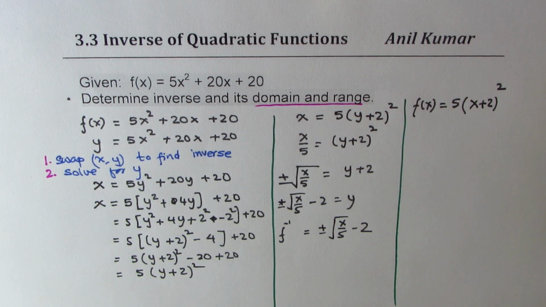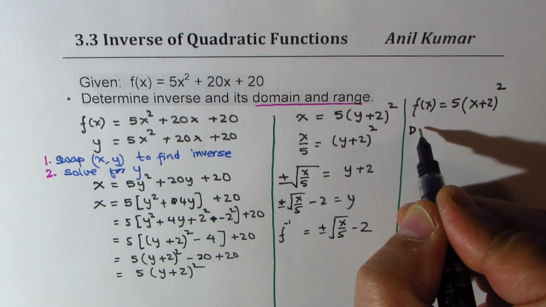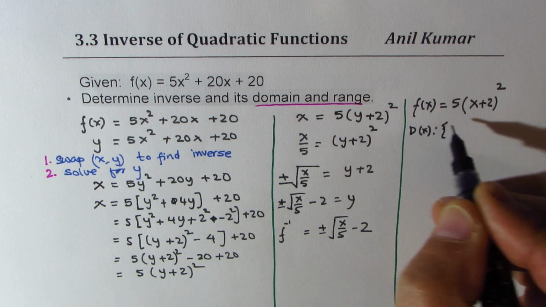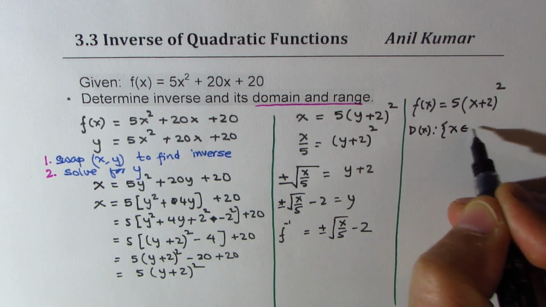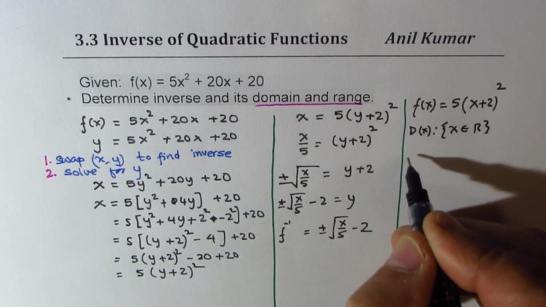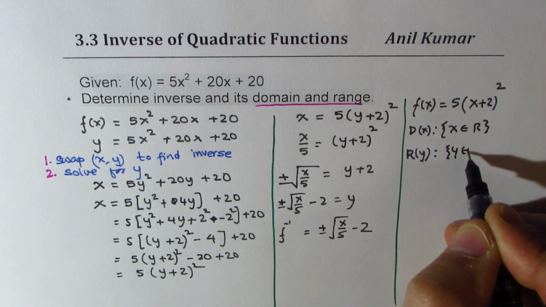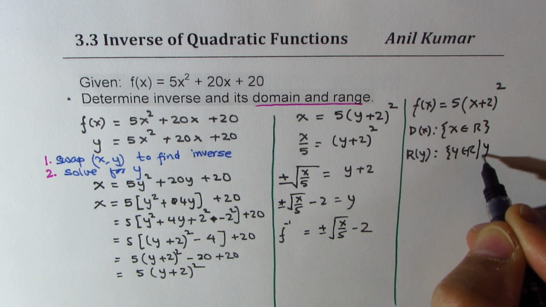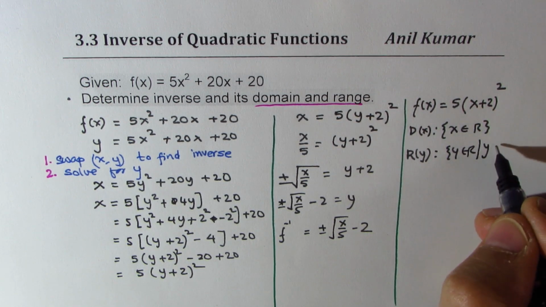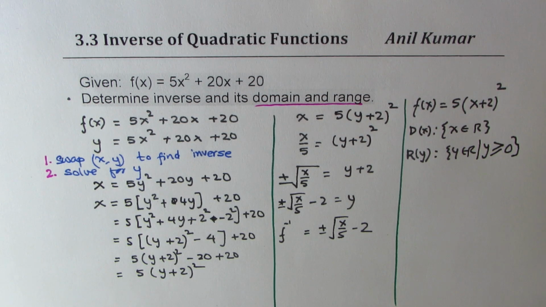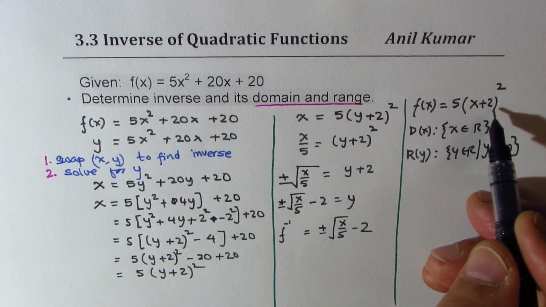So that was the function in vertex form. Now that helps to write the domain and range. The domain for the function, as you know, for all parabolas is x belongs to real numbers. The range is restricted, and in this case y is greater than or equal to 0. It is a parabola which opens upwards and the vertex is at (minus 2, 0).